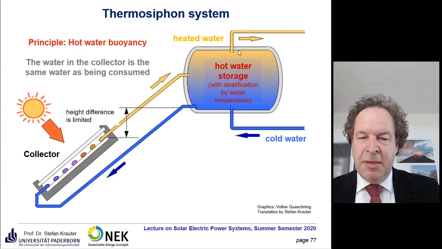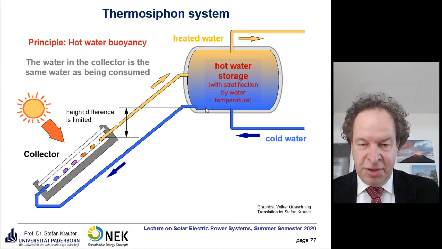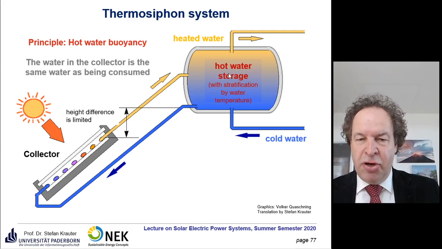But while the flow is very slow, you can have a very good stratification here. So the upper part is filled up with hot water, and the lower part is filled up with cold water. And astonishingly, the water doesn't mix a lot. If you don't have quick movements with the water, it stays like this, and you can take away the heated water and fill up the cold water on the lower part.